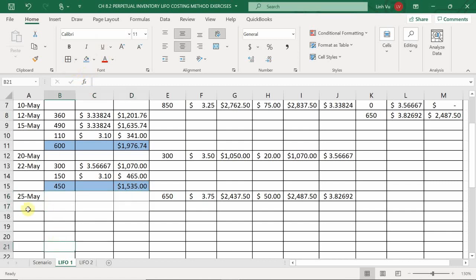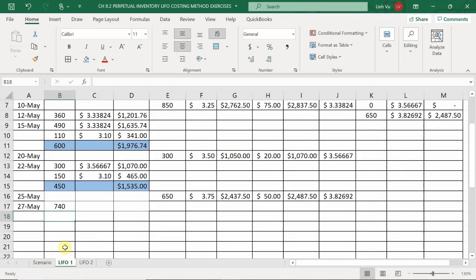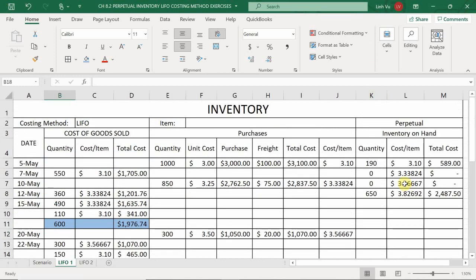Okay. So then again, May 27, we sold 740 units. Okay, right? 740 units. So let's take a look. I only have two batches of inventory. So in this case, I already know I'm going to eliminate the entire batch of the 650.